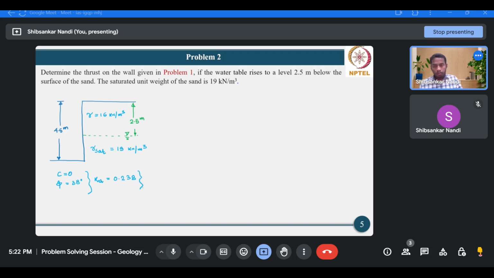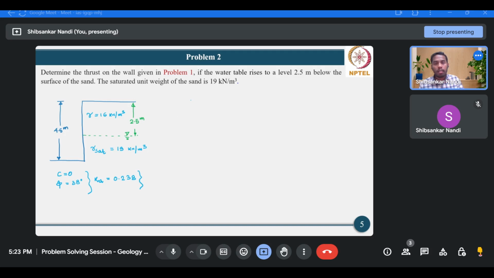Now, as I mentioned earlier, you have to be very careful about the overburden pressure, because you have to always consider the effective overburden pressure, not the total overburden pressure. Effective in the sense total minus the pore water, or in other words, you have to consider the submerged unit weight. So this effective overburden pressure you can calculate in two ways.